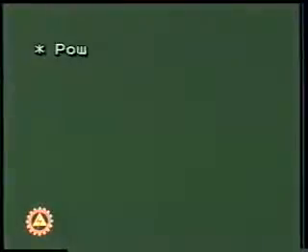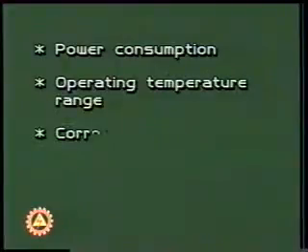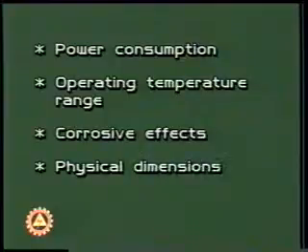The next question that comes to our mind is: can we select a component at random, or is there any constraint on the type of component that we are going to select? These are called the design constraints. Some design constraints are power consumption, operating temperature range, corrosive effects, and physical dimensions.